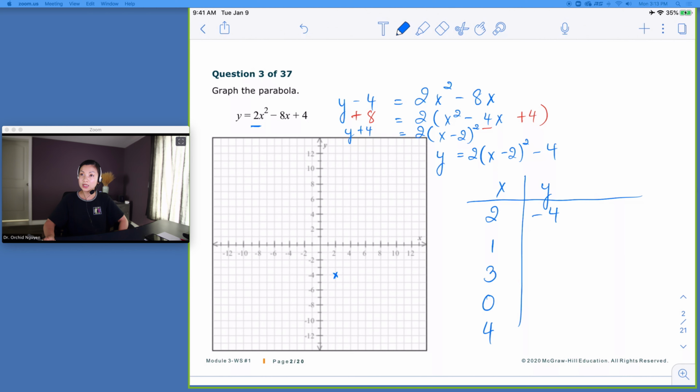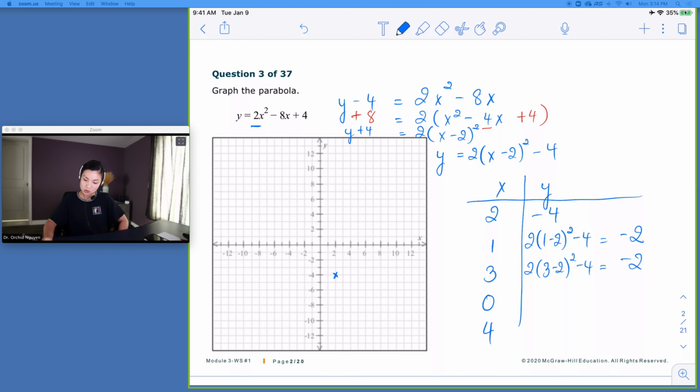So if I plug it in, for 1, I'm just going to do the first one for you. Negative 6. For 3, you should get the same exact number, which is negative 6.